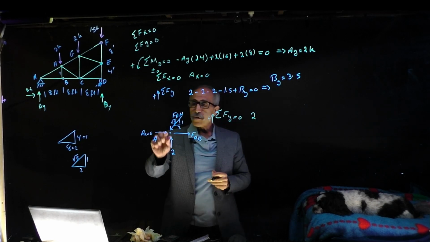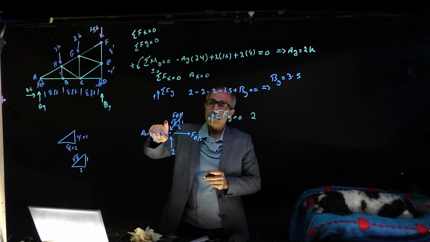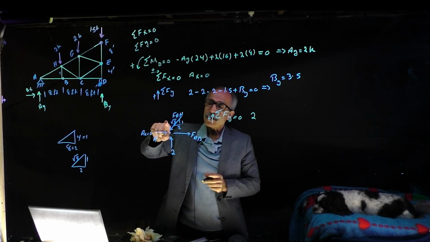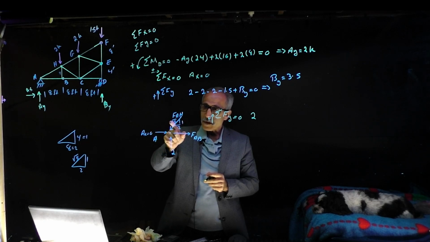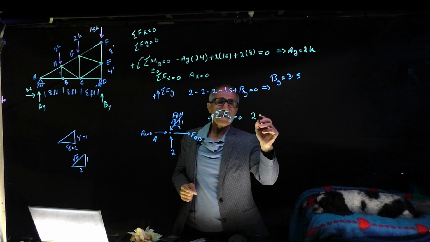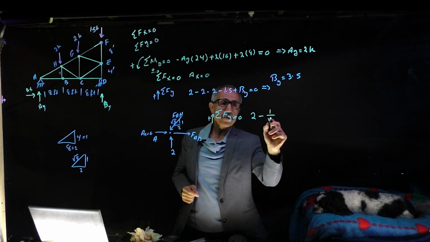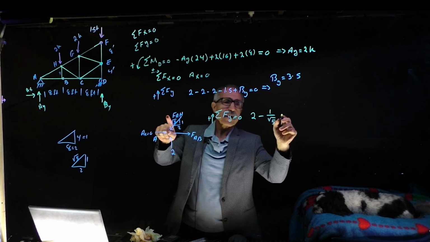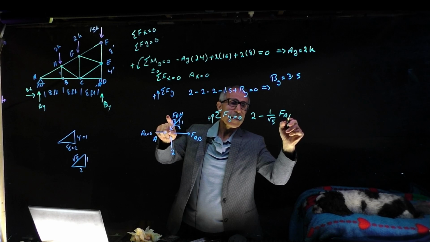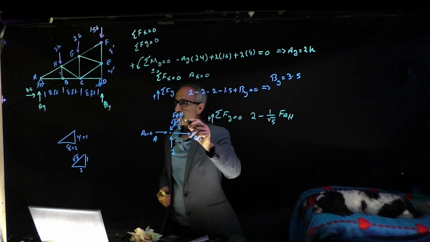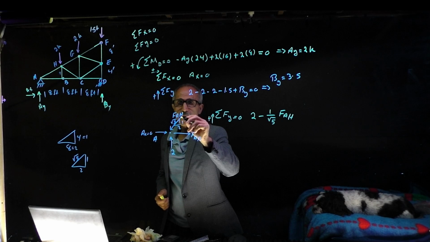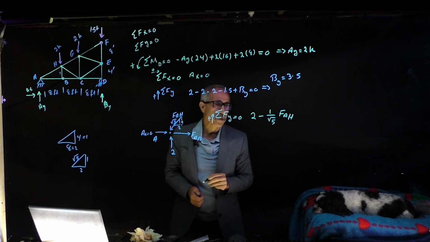And then for here, to get the y direction of that, remember 1 divided by square root of 5. So that's going to be minus 1 divided by square root of 5 times f of AH. That will be the vertical portion of this force, because if I continue this force, it has a vertical portion and a horizontal portion.